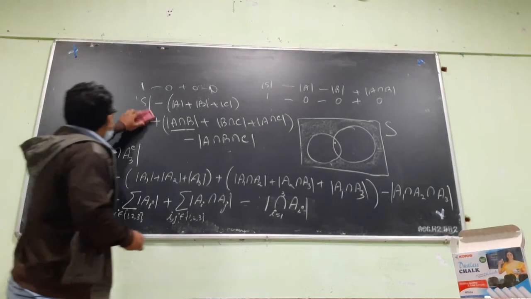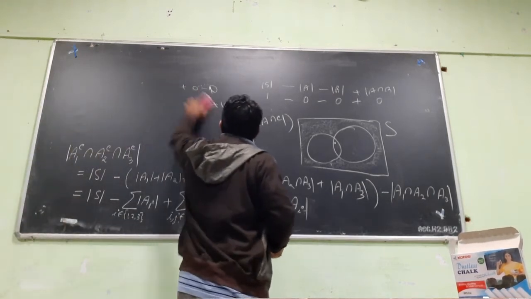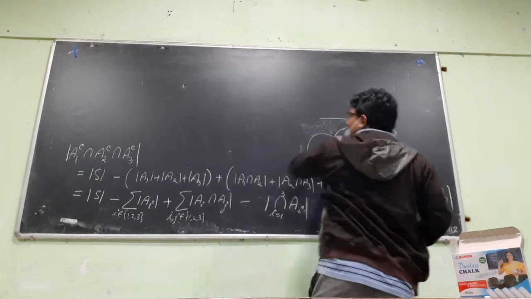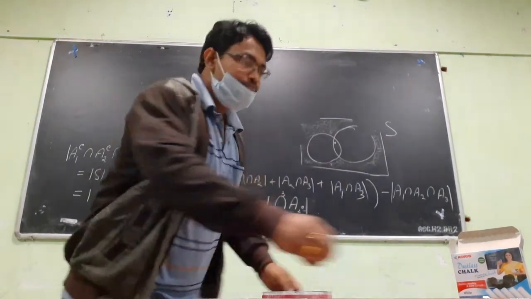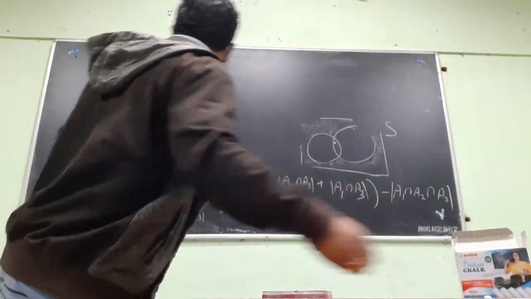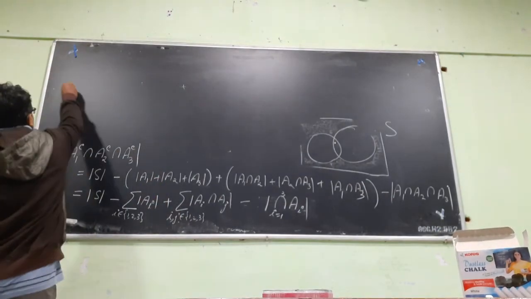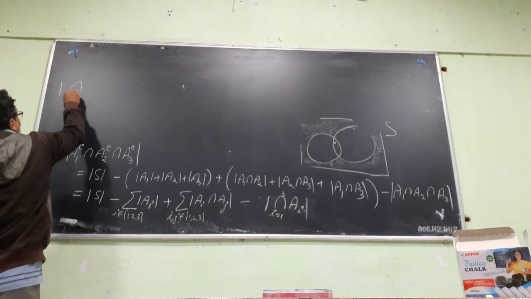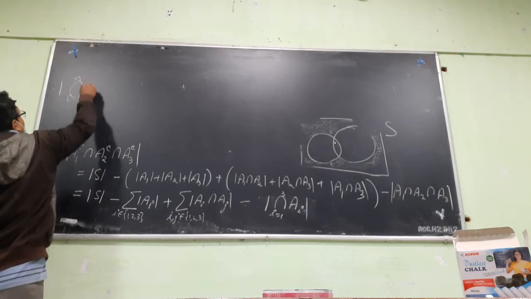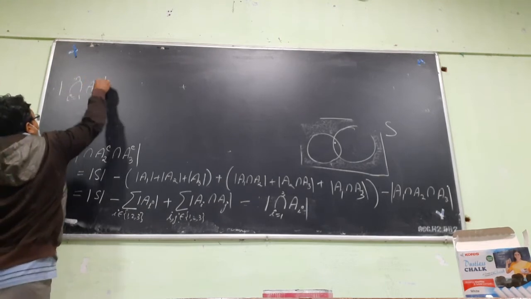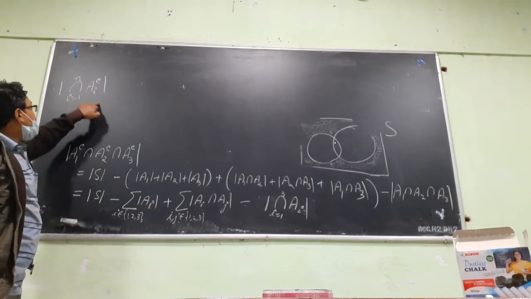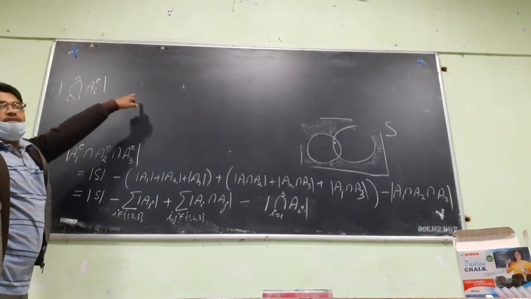Okay, let us take it for 4 sets. So for 4 sets, what do we write? The number of elements of the intersection of Ai complement, i goes from 1 to n. So A1 complement intersection A2 complement intersection A3 complement, like that.